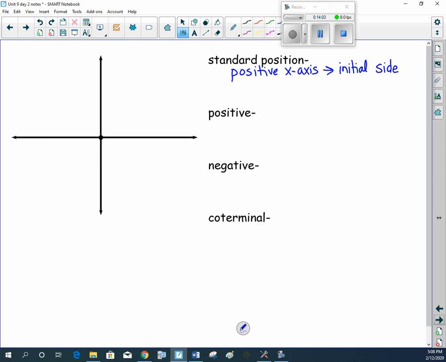So for example, I'll do 120 degrees. So I'm going to do a positive angle of 120 degrees. So if I'm going to do a positive angle, I'm going to rotate counterclockwise. So I'm going to start here on the positive x-axis. I'm just kind of eyeballing this. I'm going to rotate counterclockwise 120 degrees.